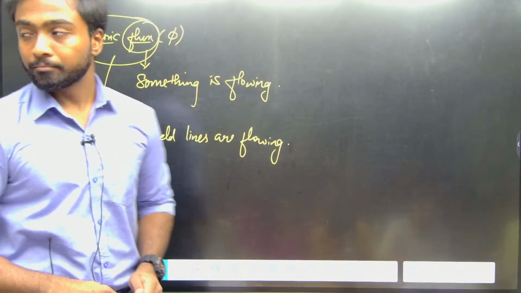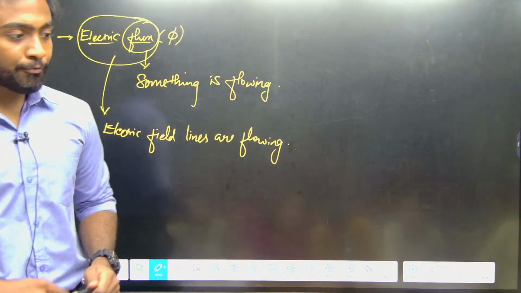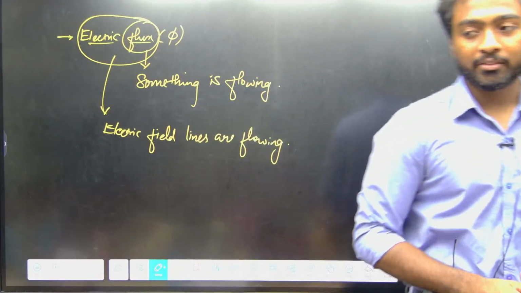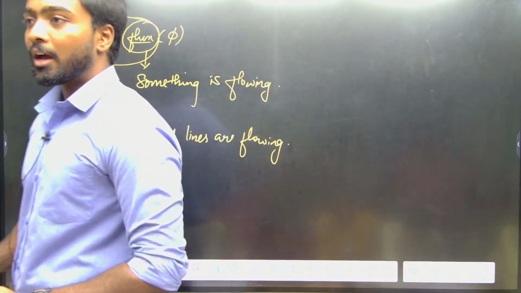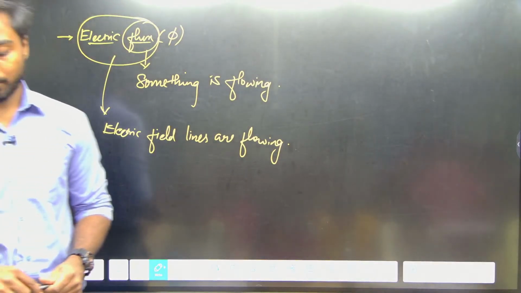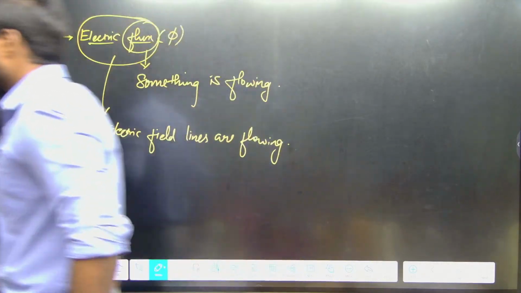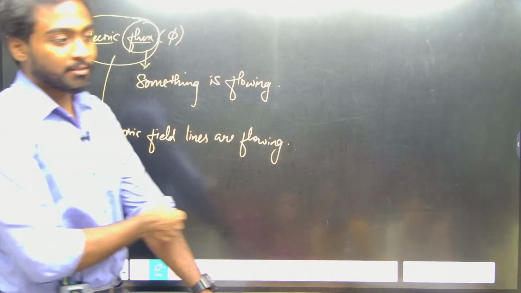The first point: electric flux is basically the amount of electric field crossing the cross section area. I will repeat the sentence.